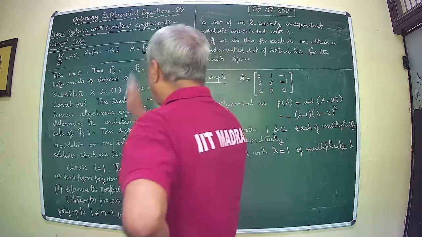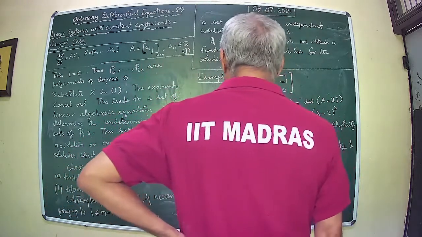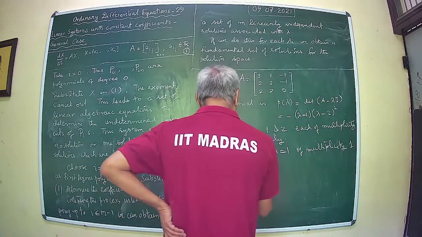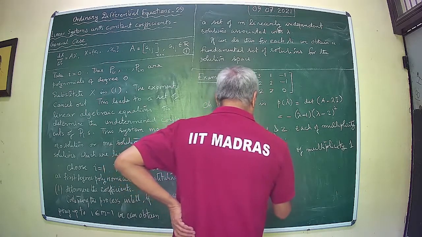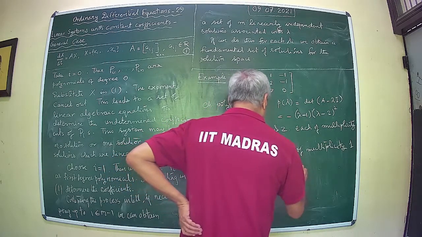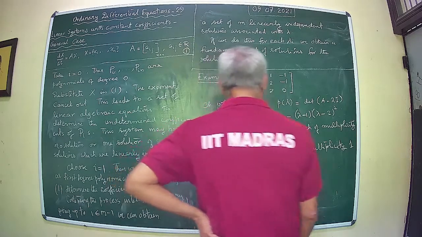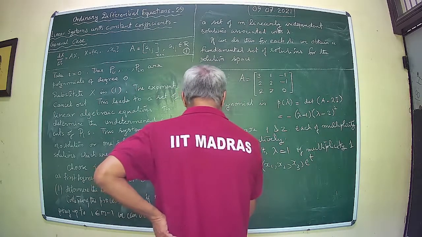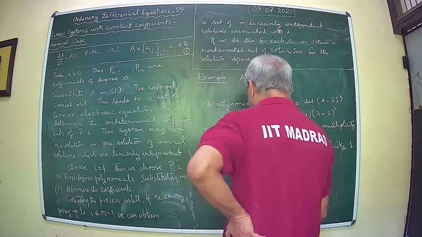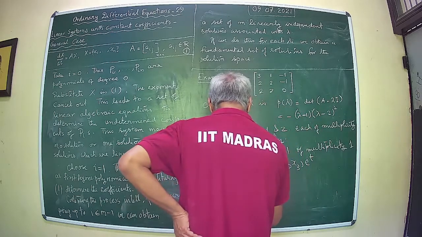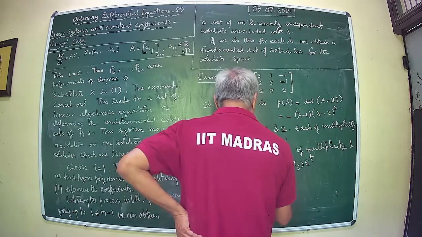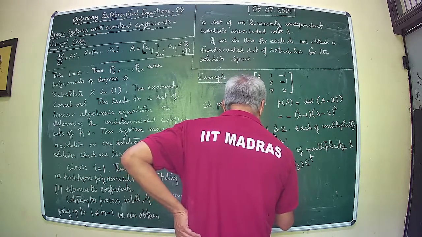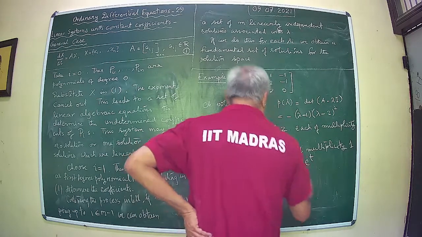See, these p_i's are all now constants, so what you are doing is taking x(t) equal to x1 e to the power t as a solution. Substitute, and what you end up with is (A minus I) x1 equal to 0.